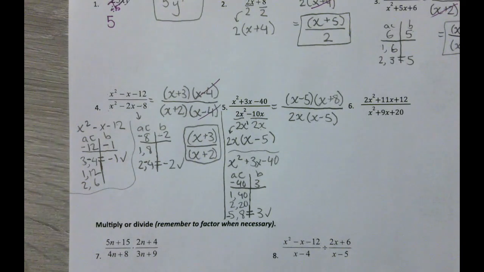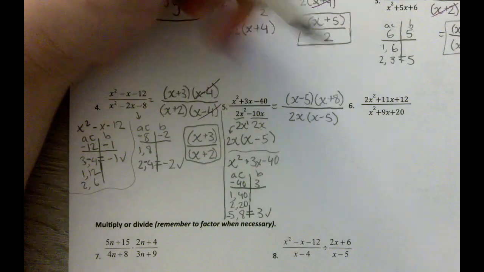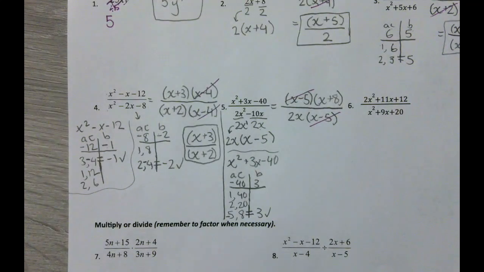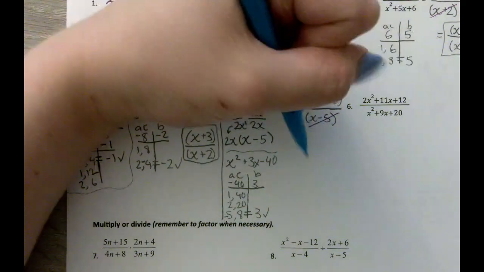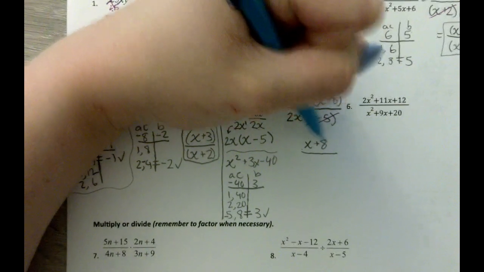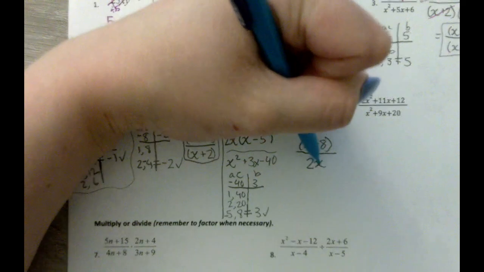I fully factored this fraction. Now I can cancel. X minus 5 on top and bottom, that's going to cancel. X plus 8 on top, I don't have one of those on bottom. So I'm done canceling, and I'll just make my answer. X plus 8 over 2x.